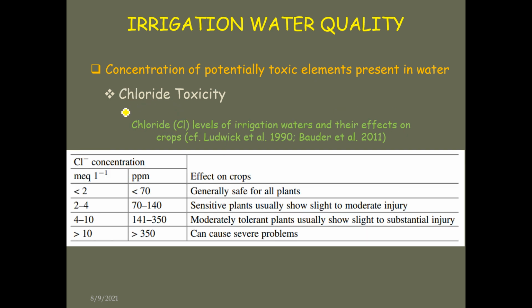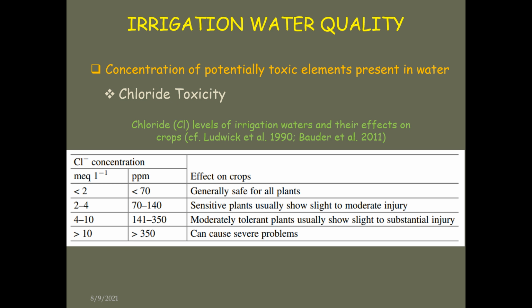The next element is chloride. Again in this chart you can see the most common crop toxicity; among the major elements which create this hazard is chlorine. So the most common crop toxicity is caused by chlorides in irrigation water. But again, the presence of chlorine is essential, as with sodium and boron, but within the permissible limit.